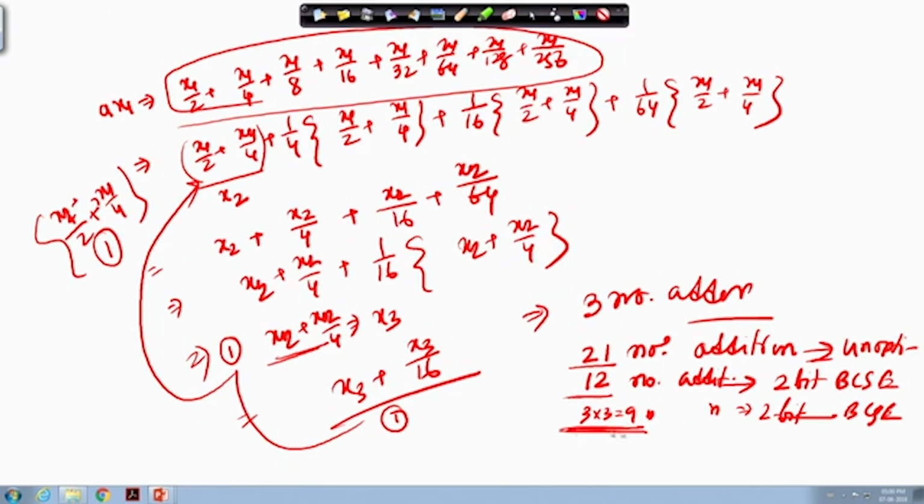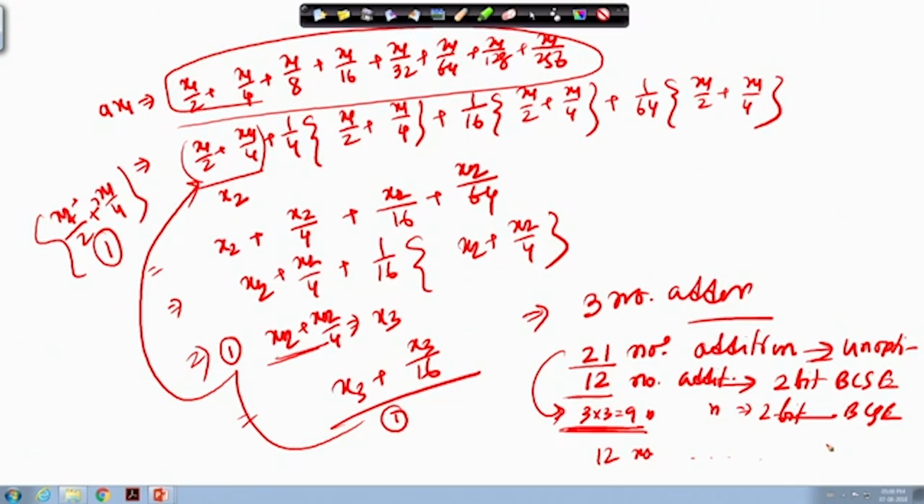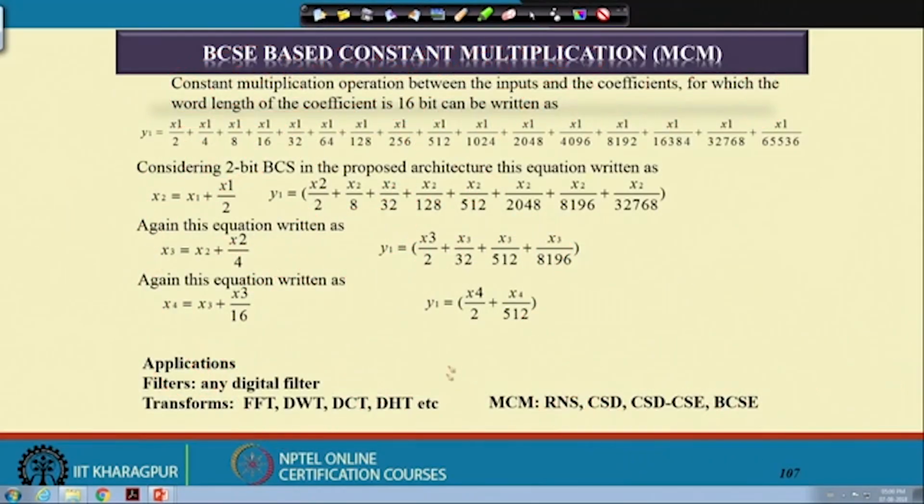After that we have come down to the number 9. So, that means total 12 number of addition operations we are saving for these 3 particular things. So, the more the number of constant multipliers we use, the more the savings we can guarantee for using this binary common sub expression for constant multiplication operation. Okay. So, this is the beauty of this particular algorithm and this particular method.